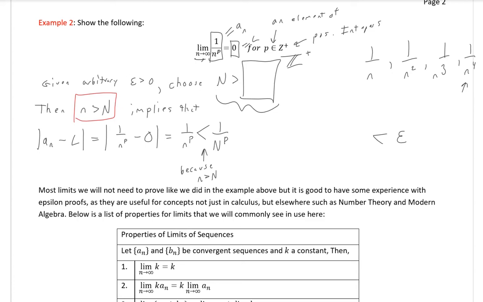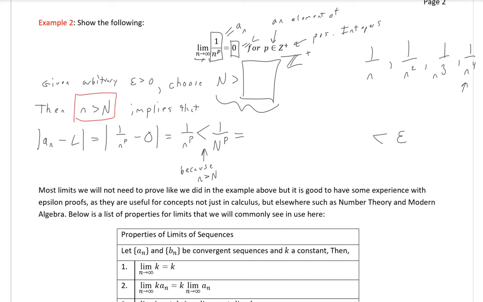Now that we have capital N, and we want to show that this is less than epsilon, now we can come up with a value for capital N. Specifically, what we want to do with capital N is replace it with something so that I get less than epsilon as a result, or even equals epsilon is fine.